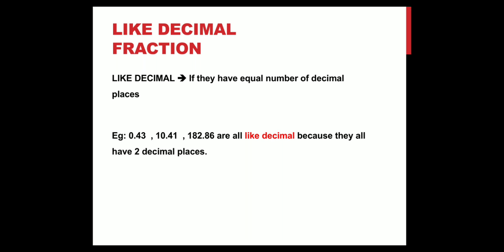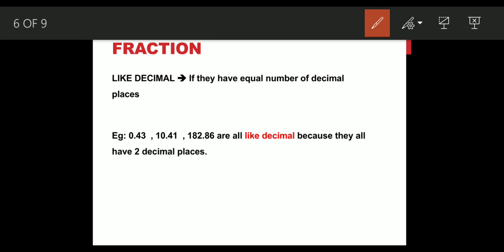In 10.41, after the decimal I have 2 numbers. In 182.86, after the decimal, how many numbers do I have? 2 numbers. So this is called like decimals, where I have an equal number of decimal places. Numbers can be different, it doesn't matter, but the decimal places are the same.